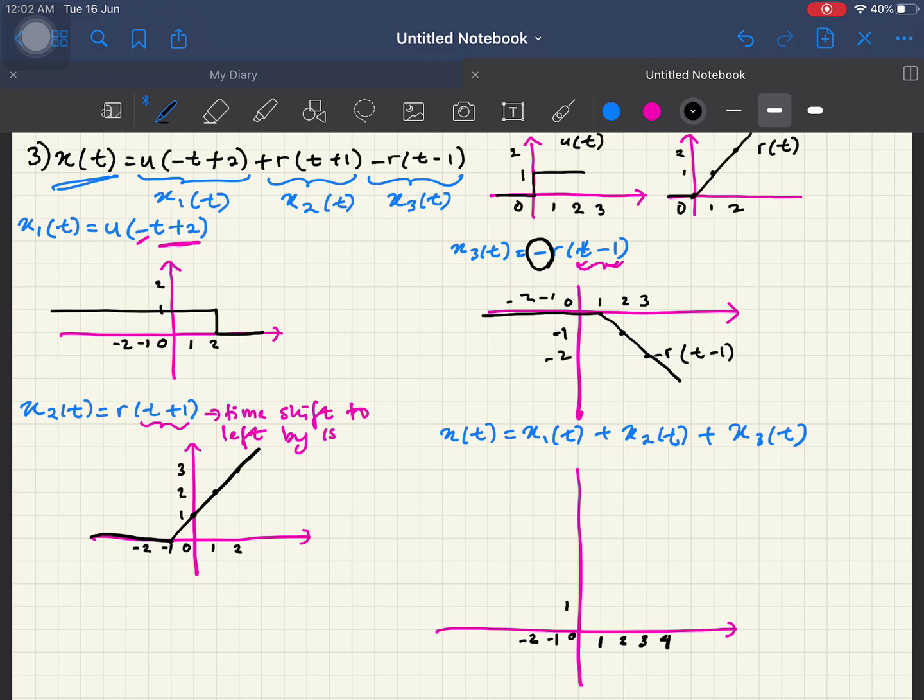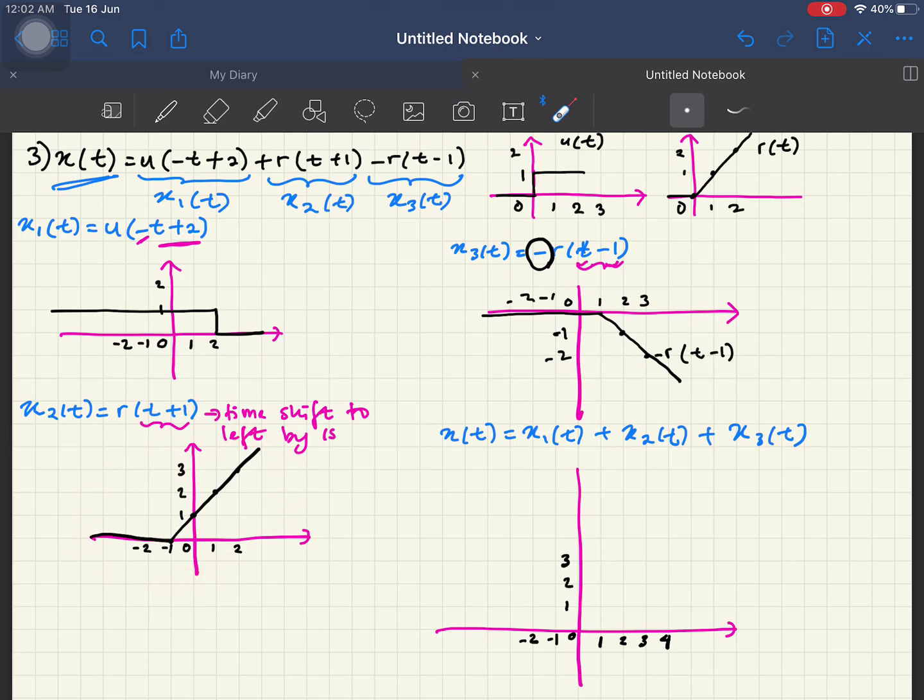Looking at the first graph, you have an amplitude of 1 from t equals minus infinity until t equals 2, and then at t equals 2, the amplitude drops to 0.